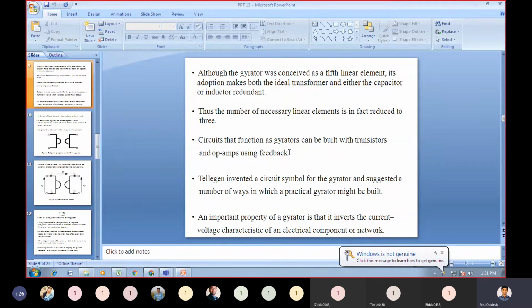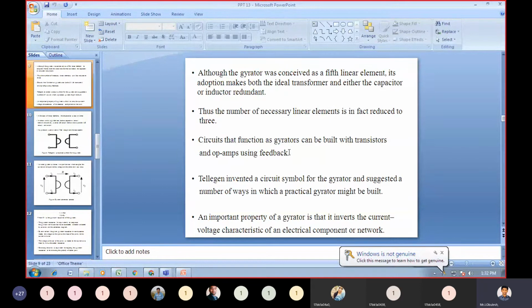Thus, the number of necessary linear elements is in fact reduced to three. And circuits that function as gyrators can be built with transistors and op-amps using feedback.